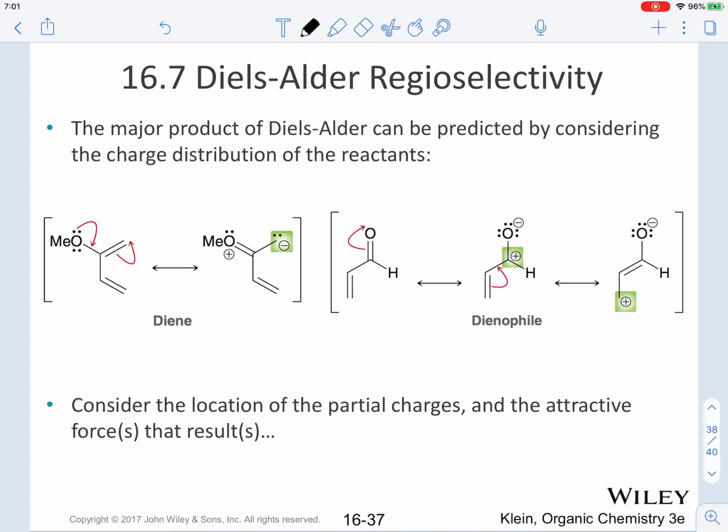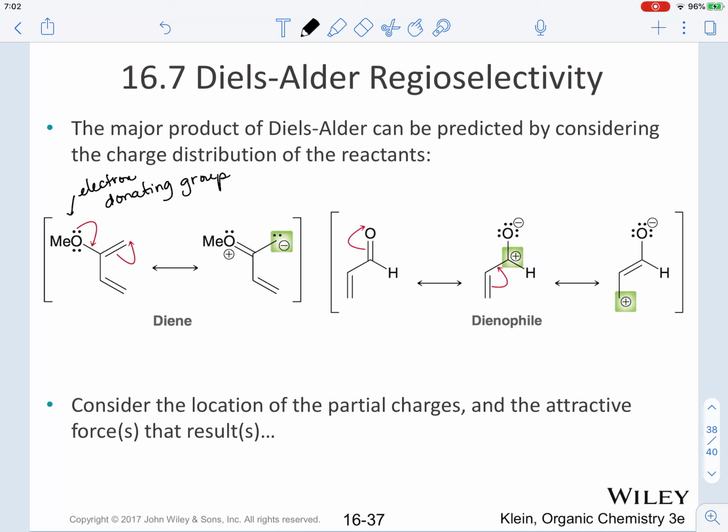If we look at the diene that we had in the previous molecule and we look at that electron donating group attached to our diene, then we can show a resonance structure in which the carbon atom in the corner of our diene is going to be negatively charged. Remember, in the previous example, our dienophile has an electron withdrawing group, and we can write a resonance structure for the area of the aldehyde.